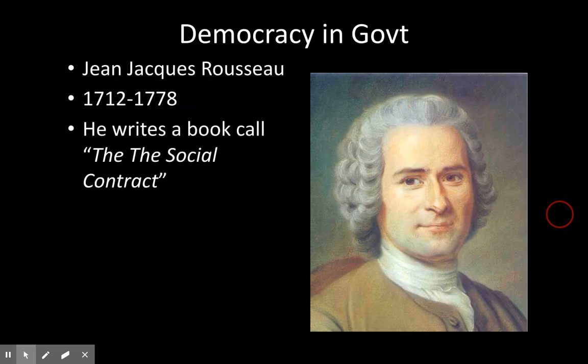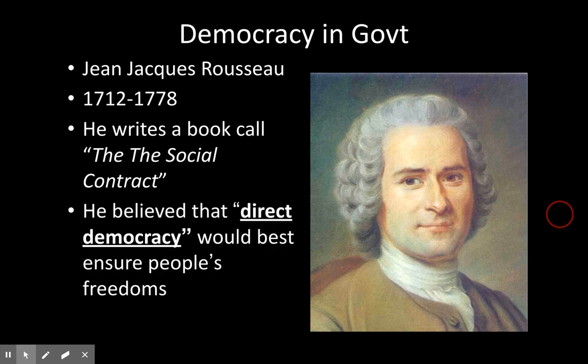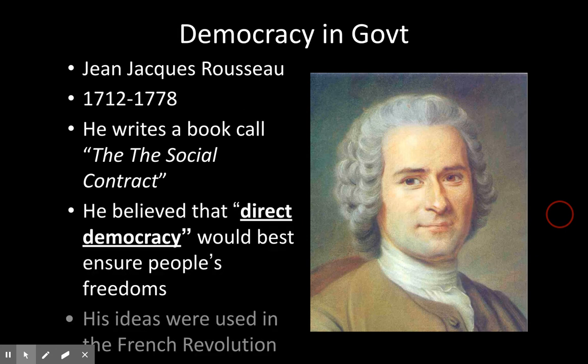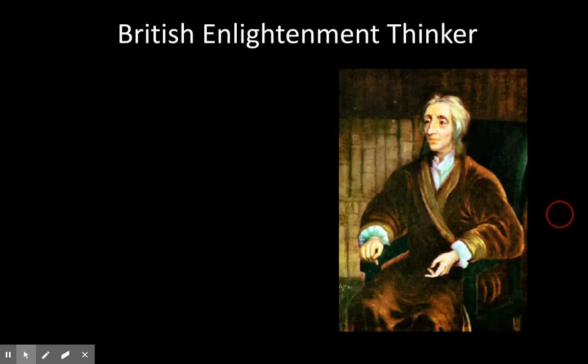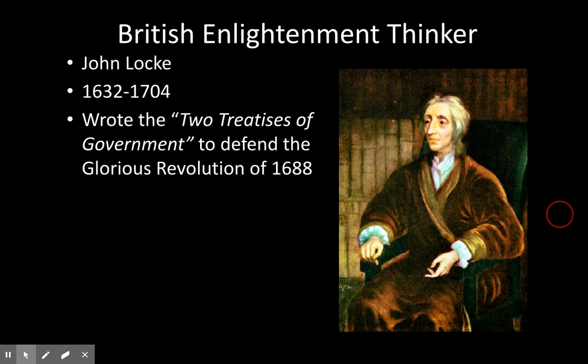Jean-Jacques Rousseau, as we talked about before, wrote The Social Contract, and he believed in direct democracy, right, to ensure people's freedoms, and his ideas were used in the French Revolution. There were also some British thinkers like John Locke, and again, I talked about these guys just kind of reviewing, to be honest, so that they're stuck in your head.